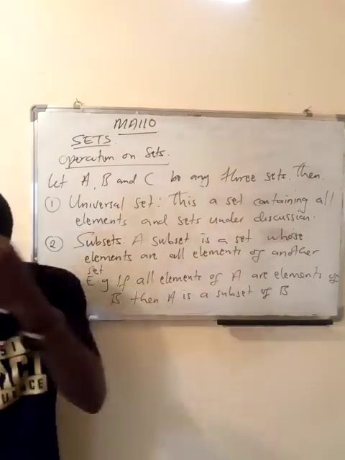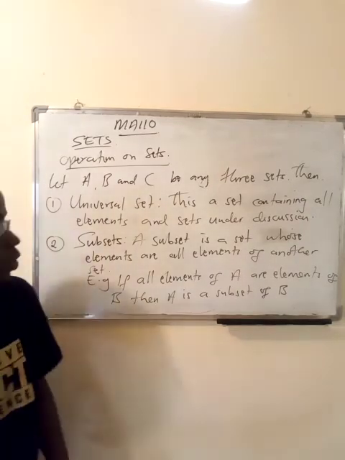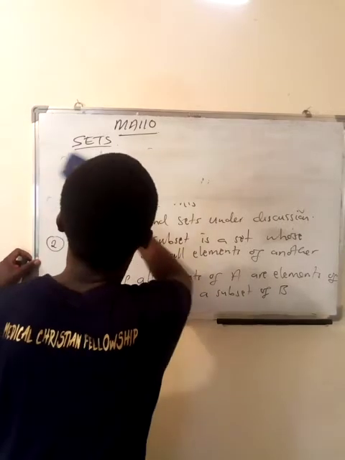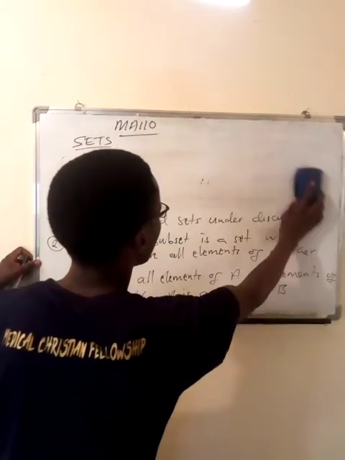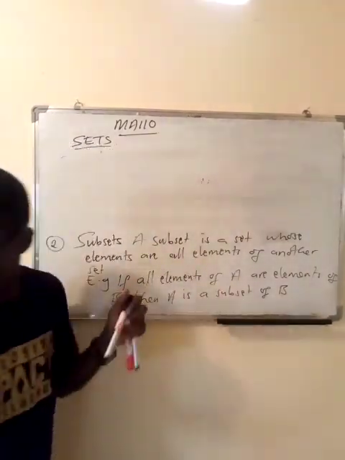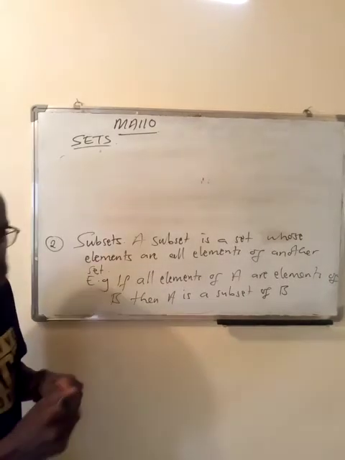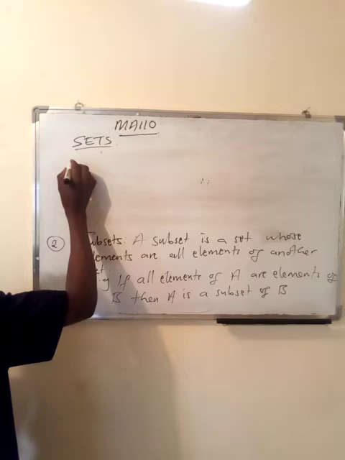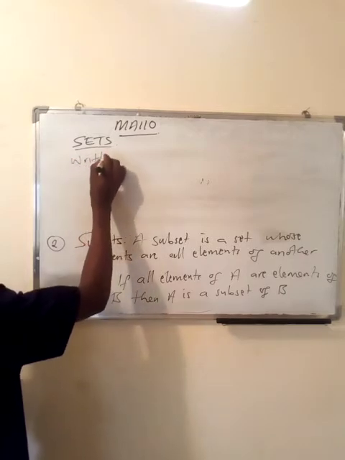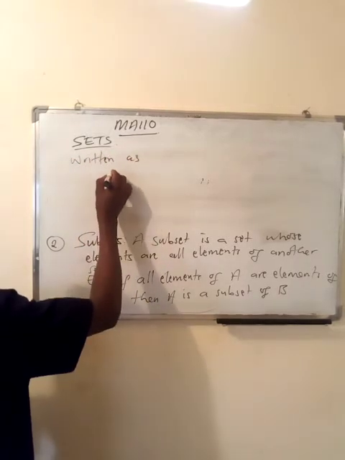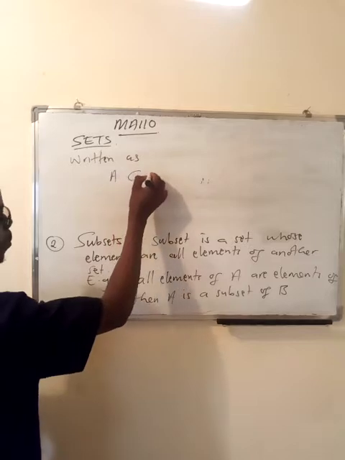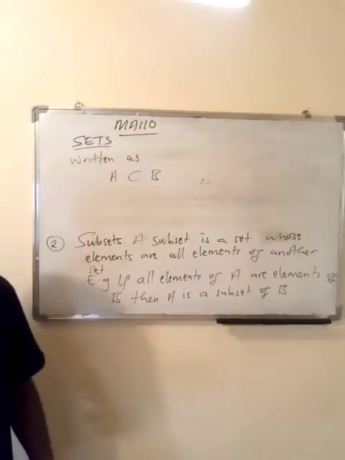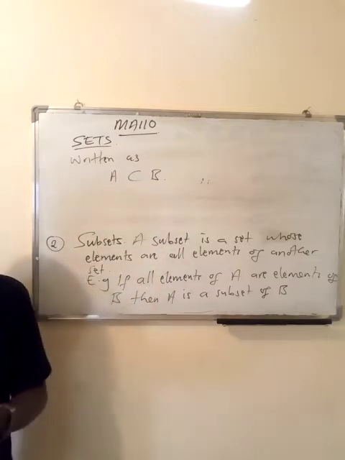So we say that if two sets A and B contain the exact same elements, then they are said to be equal.